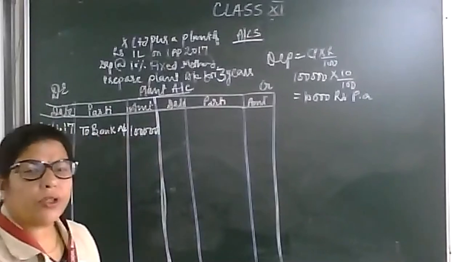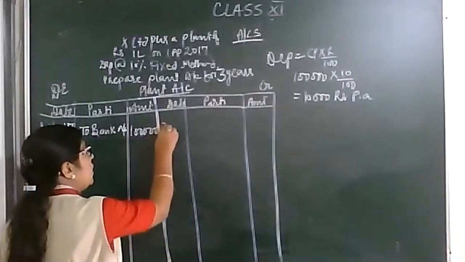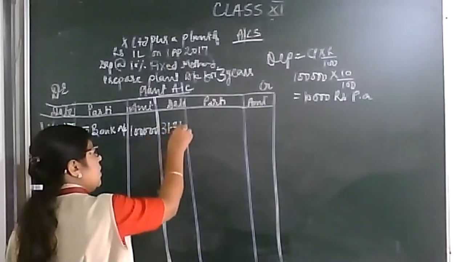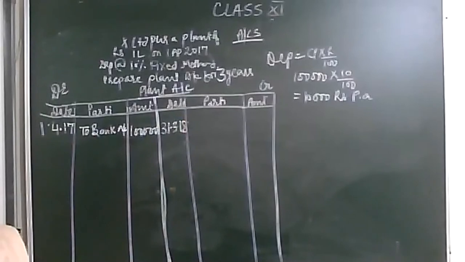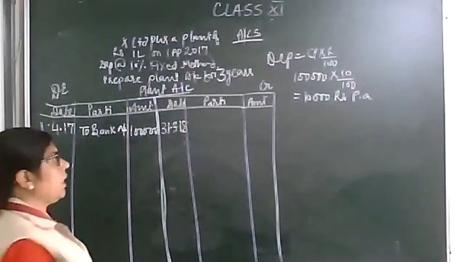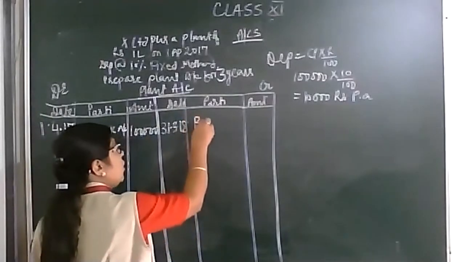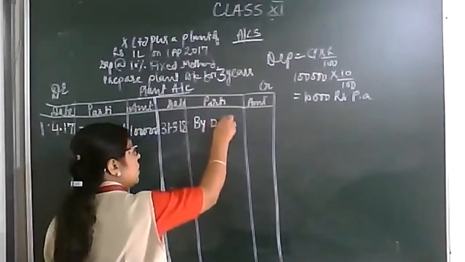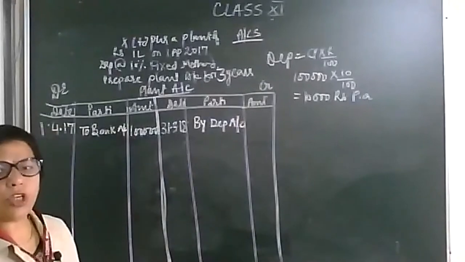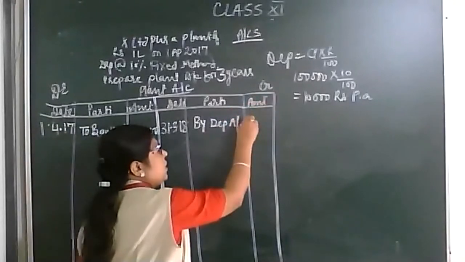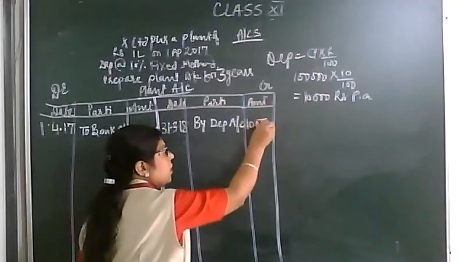Year ends on 31st March 18. And the amount of depreciation is 10,000.